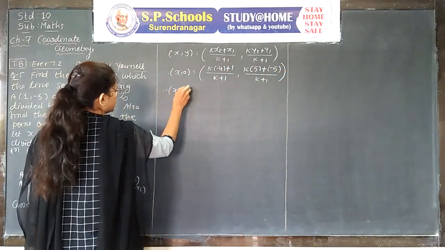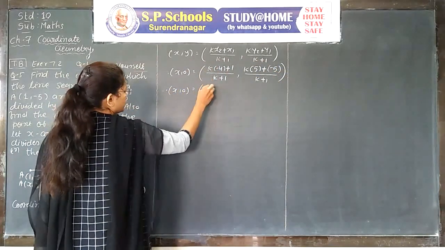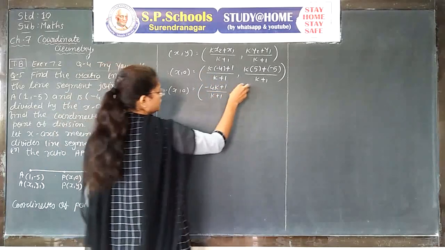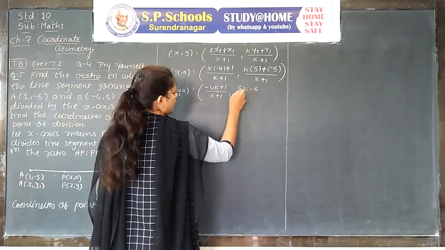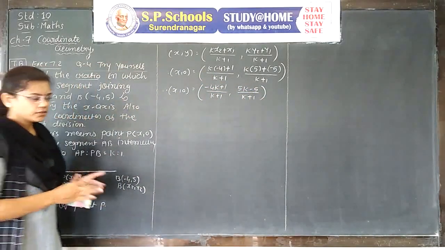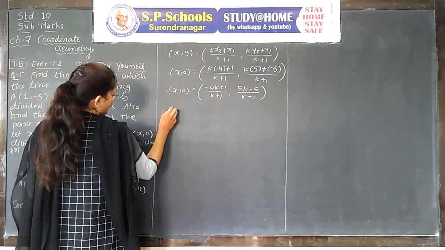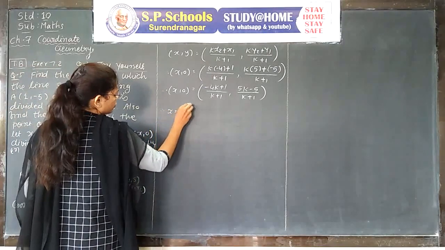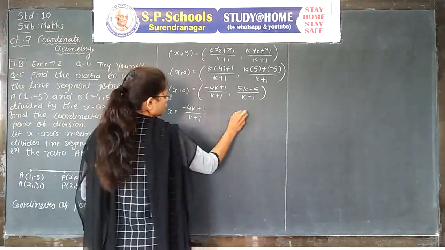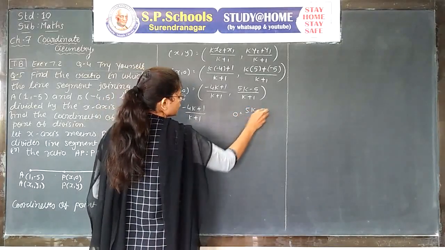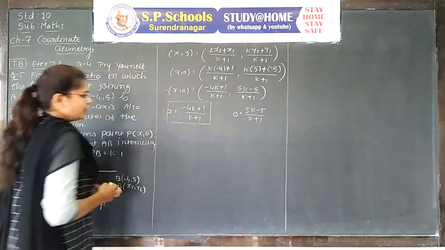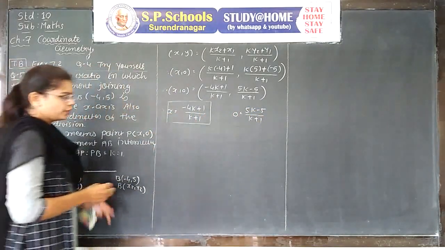Now we simplify it. -4 multiplied by k is -4k plus 1 upon k plus 1, and 5k minus 5 upon k plus 1. Now we compare x coordinate with x coordinate and y coordinate with y coordinate. x is equal to (-4k + 1)/(k + 1) and 0 is equal to (5k - 5)/(k + 1).